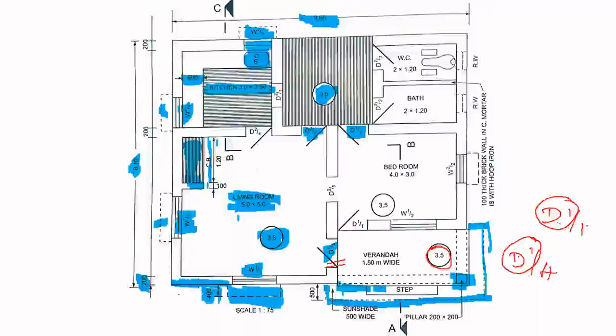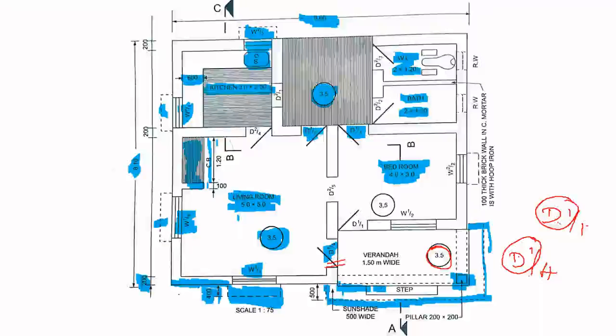Again the height of this part is 3.5 meter. Your bath is of size 2 meter by 1.2 meter and water closet is of size 2 meter by 1.2 meter. So the bedroom is of size 4 meter by 3 meter.